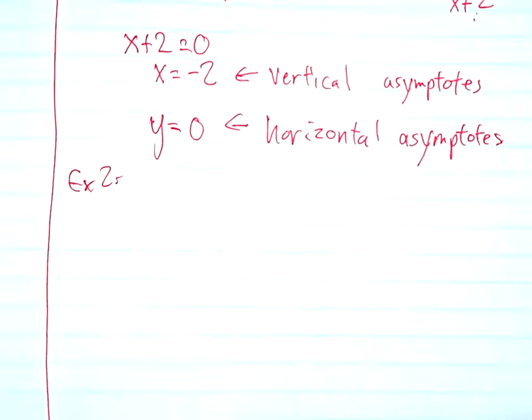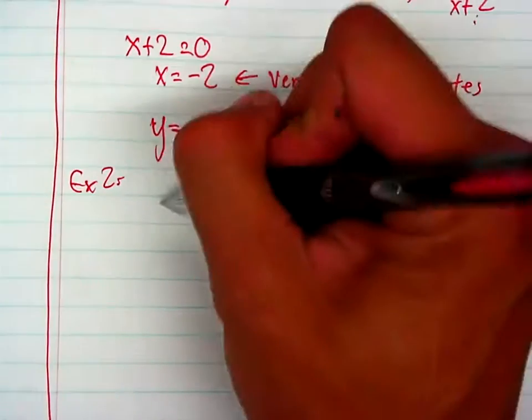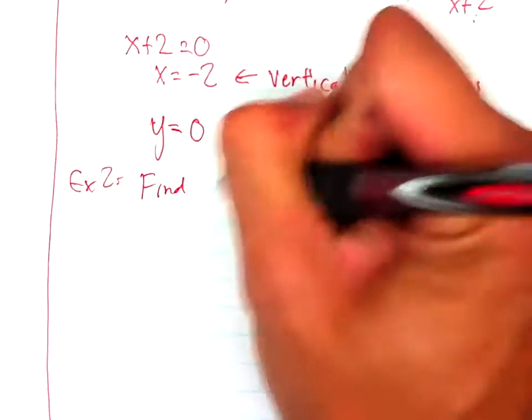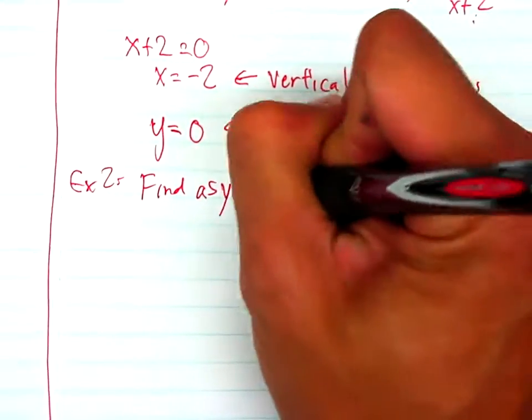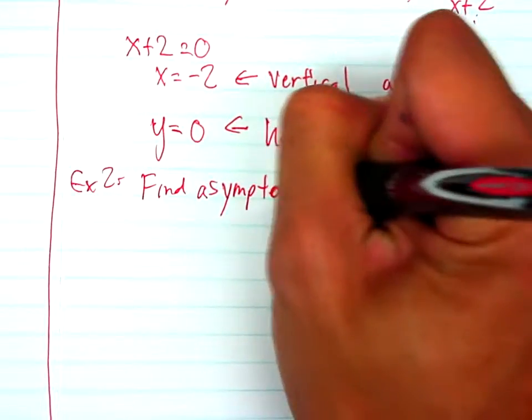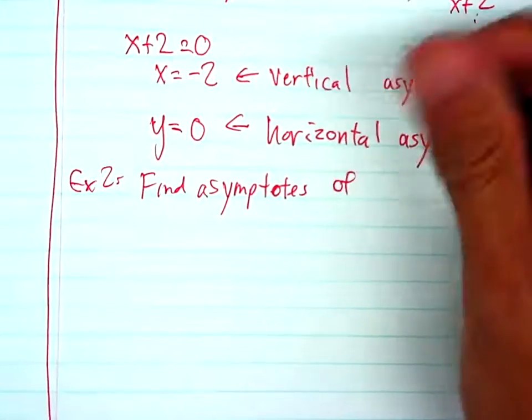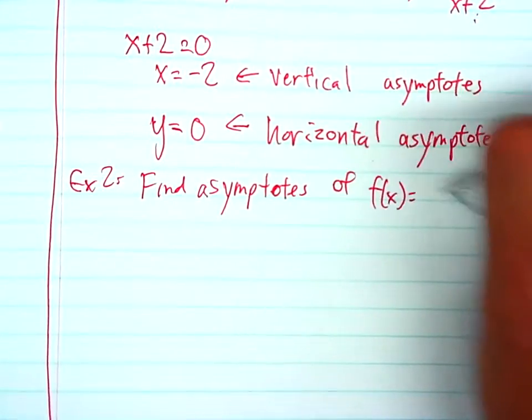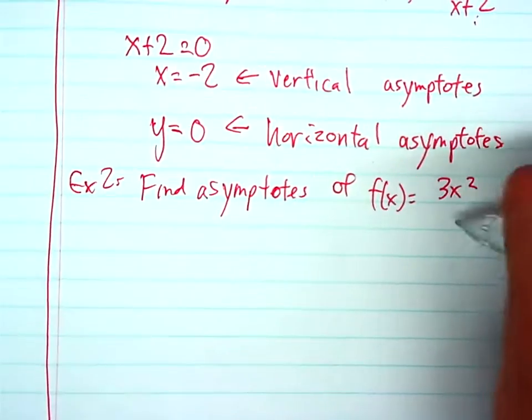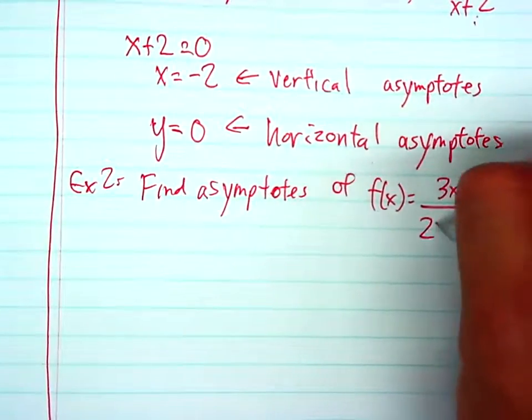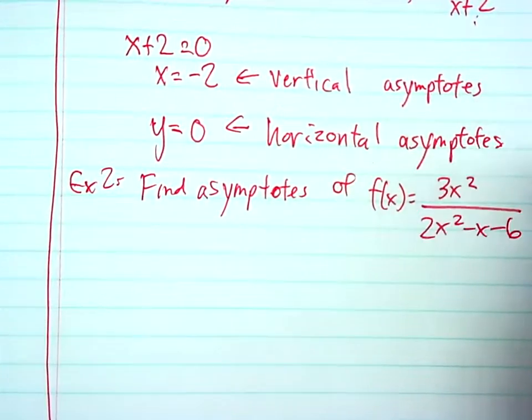Same thing, we're going to find horizontal and vertical asymptotes of f of x equals 3x squared over 2x squared minus x minus 6.